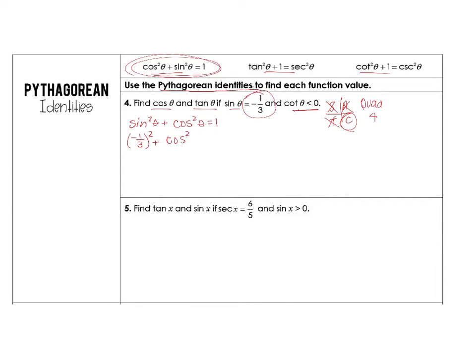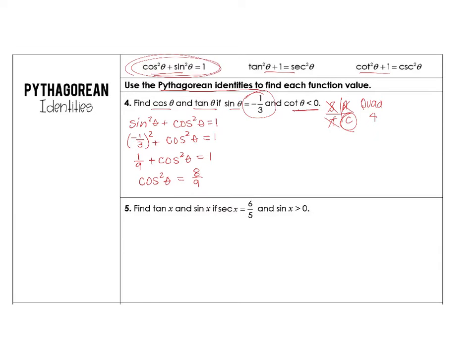That is important. And so we're going to have a good equation here to solve. Negative 1/3 all squared is 1/9 plus cosine squared theta equals 1. And I'm going to subtract 1/9 over. So cosine squared theta is going to give me 8/9.